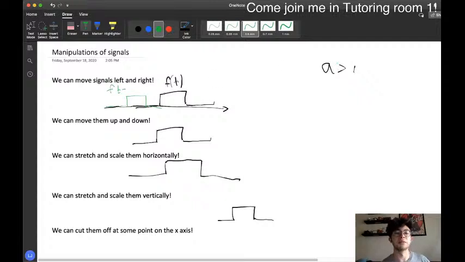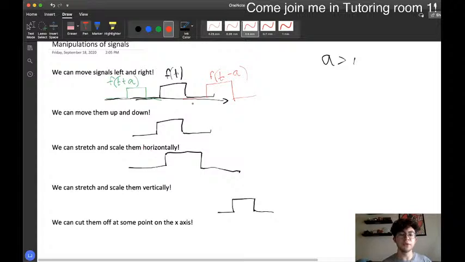It's just some number. Then a left shift would be f of t plus a. Whereas a right shift will be f of t minus a.